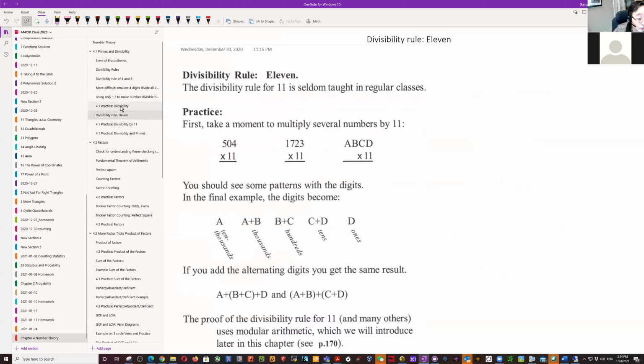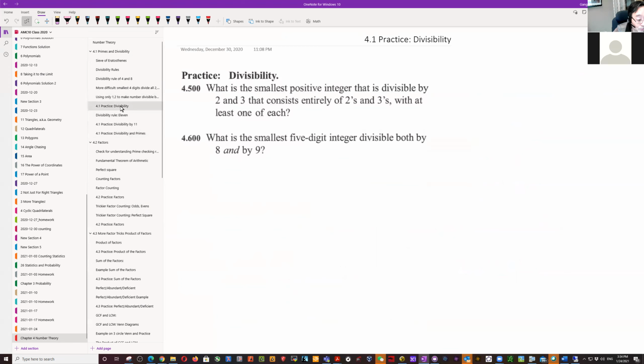Let's try to do the divisibility by 11. Let's try to reach the factor, because those are actually easy topics. Let me try to be as fast as possible.